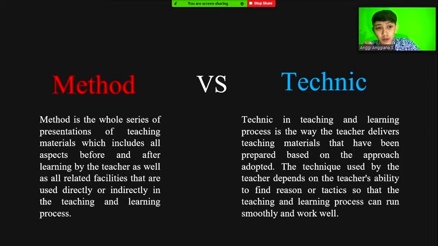That is the technique. Meanwhile, the method is discussion. So we can say the technique is the way of the method. If it is about structure, first the method, and after that the technique. That is the structure: method, technique.